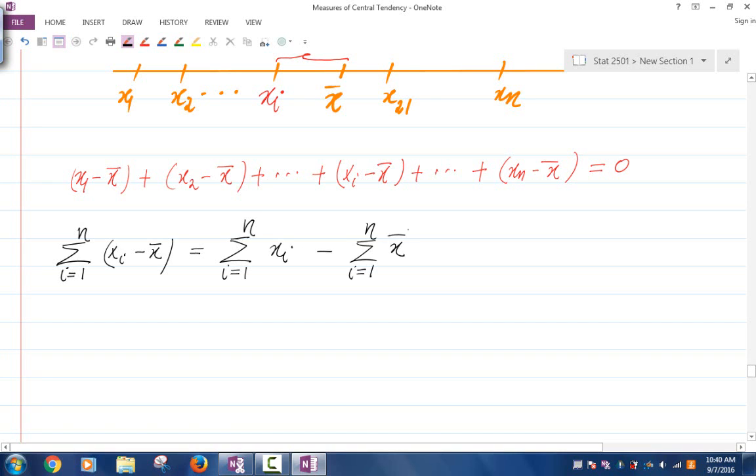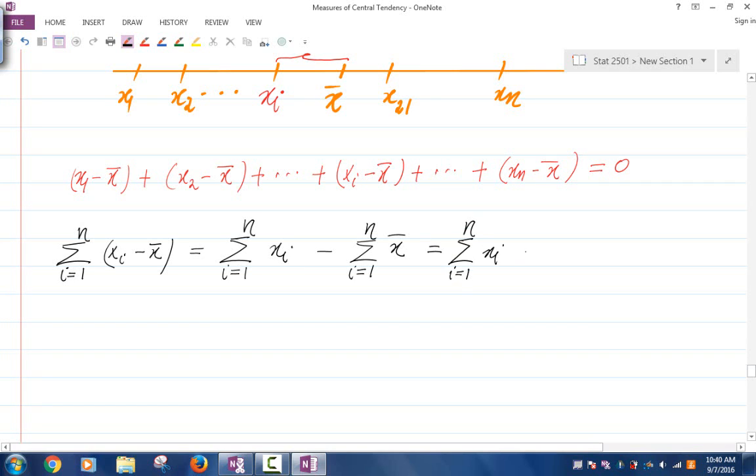If I have a sum, the summation can be taken term by term, just like integrals.